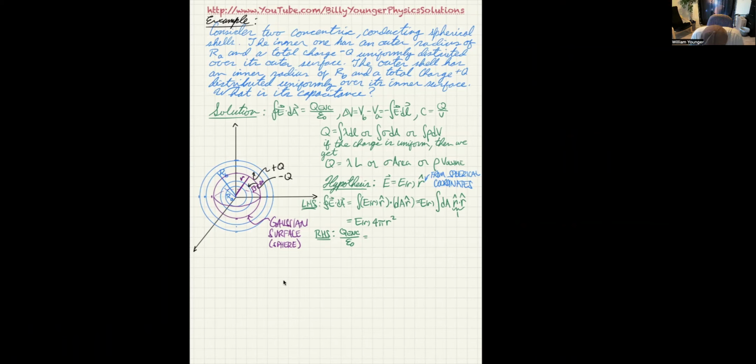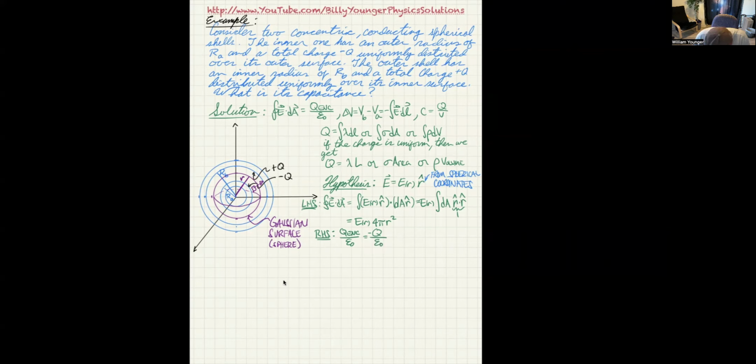So in this case, I'm just going to write Q as the charge enclosed. It's technically negative Q, but that doesn't matter. That would just tell us which direction it's going to point. And in fact, it's actually going to point radially inward. So I guess in principle, we could put a negative there and then put it over epsilon naught. And that would be the right-hand side.